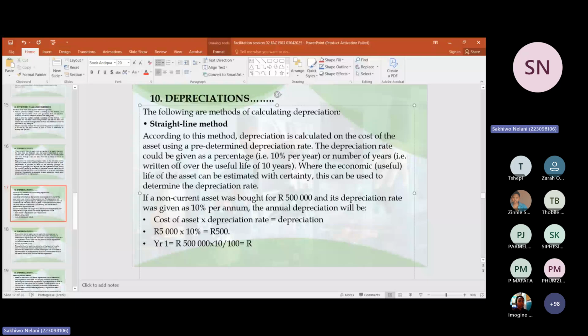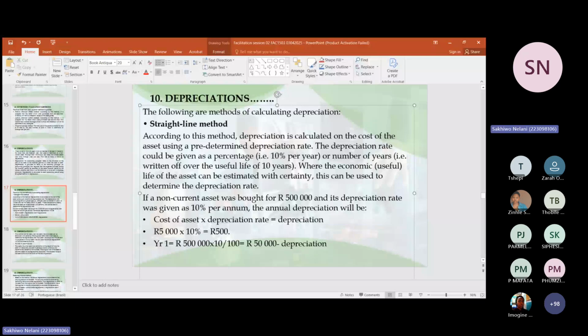Other people have responded on the chat box: 50,000. So we call this the depreciation amount.